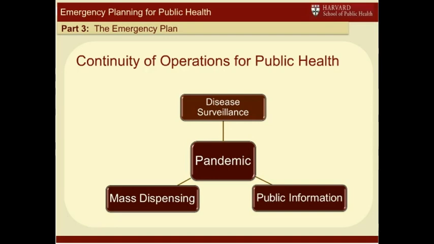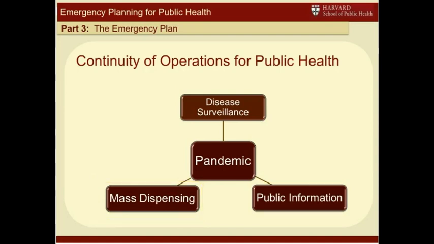In the event of a pandemic, a community has identified 3 critical response functions. Disease surveillance. Who has the disease? Where is it the most prevalent? Public information. What information does the public need to know and when? Mass dispensing. What medications are available and how are they distributed?